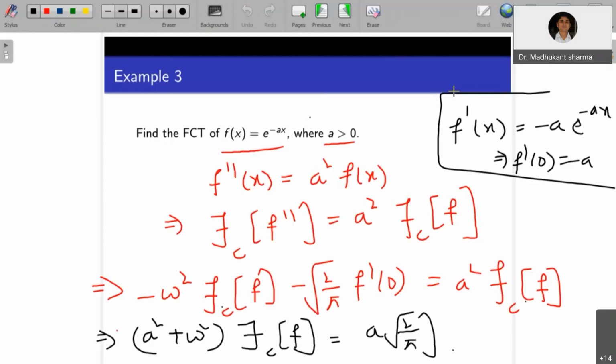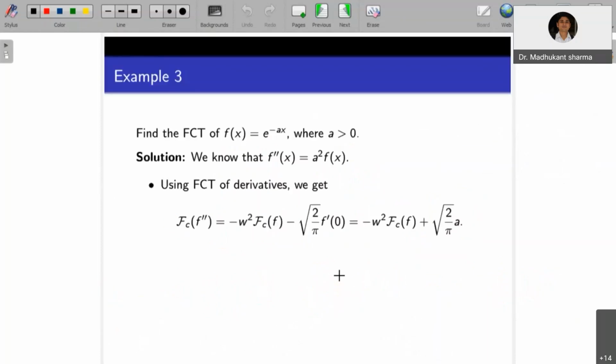In a similar fashion, you can find it for sine ax, sine bx, cos ax, and the product of these two, e to the power ax into sine ax, and so on. In this fashion, you can find the cosine transform and the sine transform of certain functions by using these equalities, and that is rather simple compared to going with the integration from 0 to infinity.